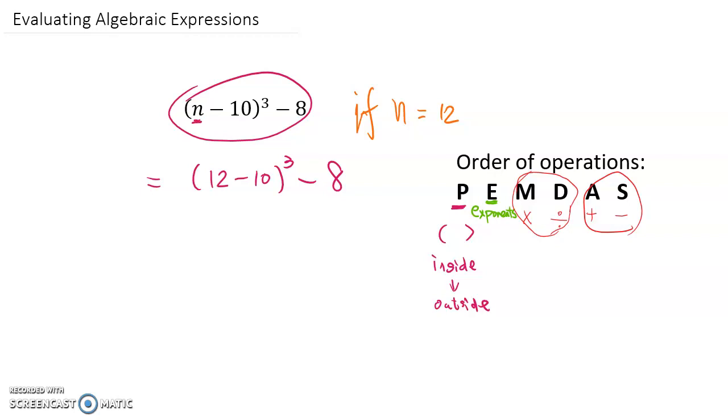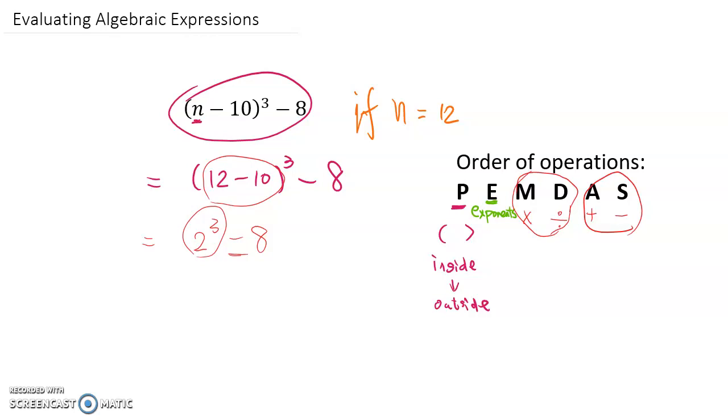Okay, so first of all, we have parentheses. We have to do that first. So inside the parentheses, we have 12 minus 10, which is 2. So we have 2 cubed minus 8. Now what's left is an exponent and a subtraction, two operations left.